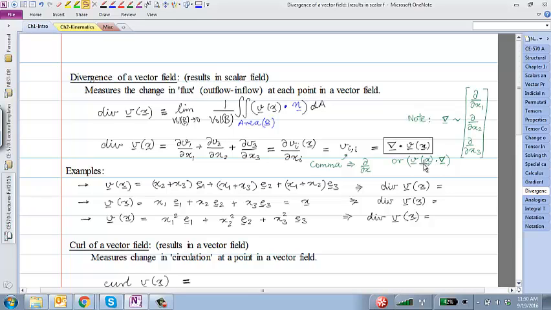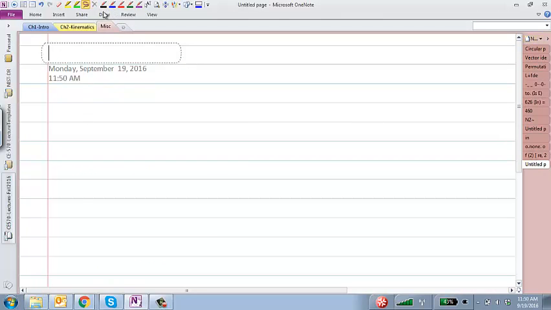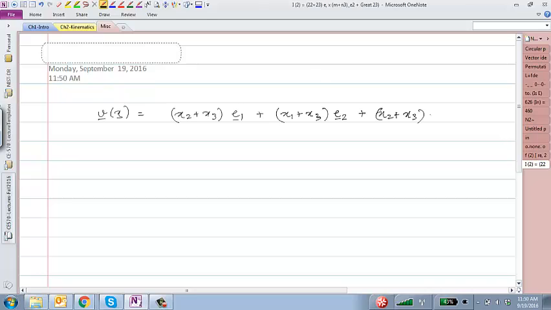Now I'll make a quick comment here. V dot grad means something like this. So maybe you can take this example and that will be more clear. Let's take this first one, the same vector field that I had on the previous page, right? x2 plus x3 in the e1 direction, plus x1 plus x3 in the e2 direction, plus x1 plus x2 in the e3 direction.